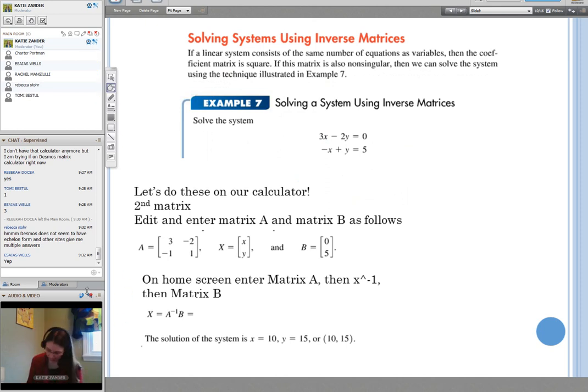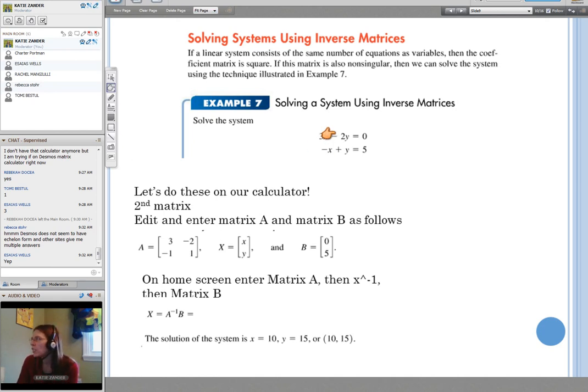Okay, the last thing that we're going to talk about today is using inverse matrices to help us solve. You can obviously use row echelon form and do one augmented matrix, which I think is going to be the easiest. But sometimes they break it into two different matrices.